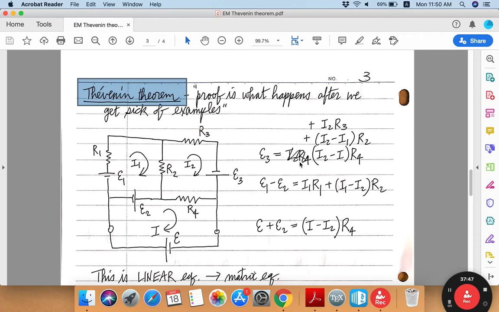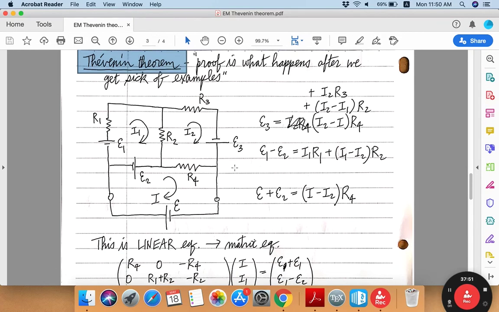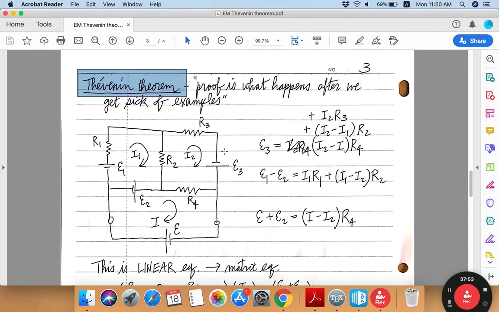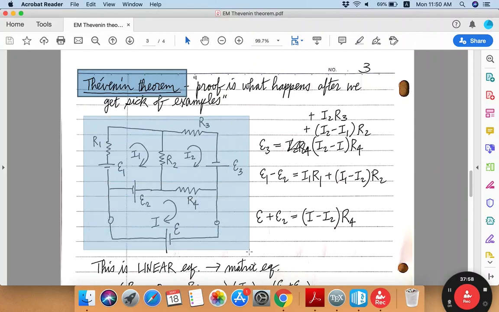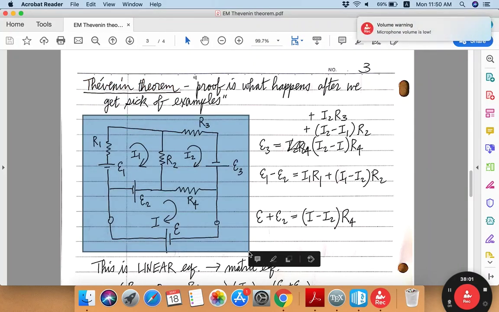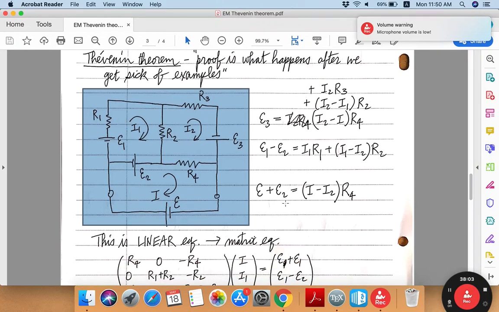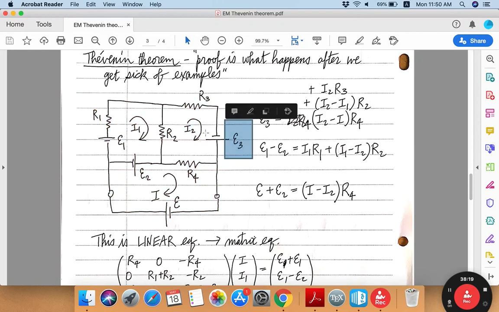Okay? So without delving into the most general possible situation, I'm going to present the proof of the Thevenin theorem with one rather good example, which is shown here. What's shown here is an electrical circuit consisting of a fairly complex attachment of voltage sources.